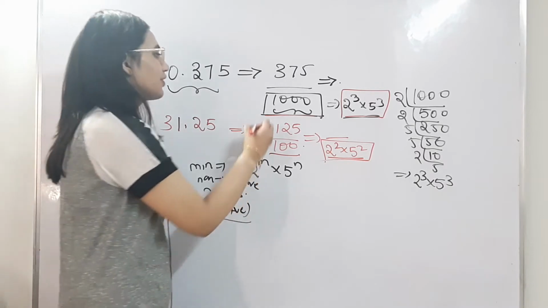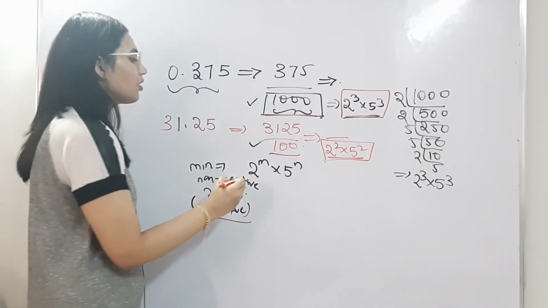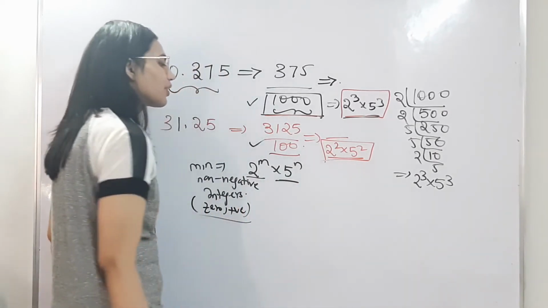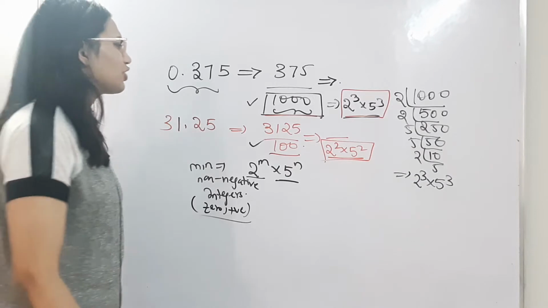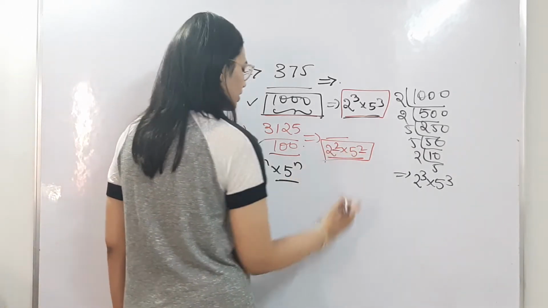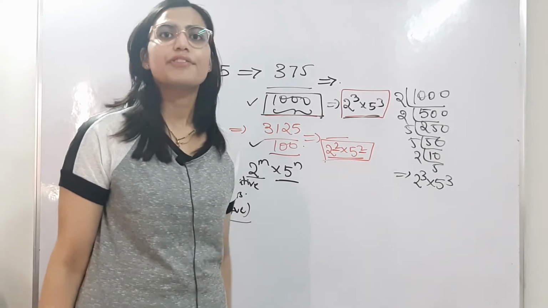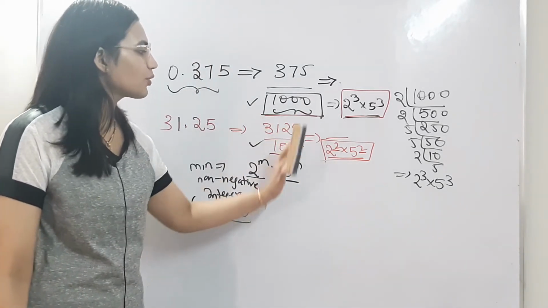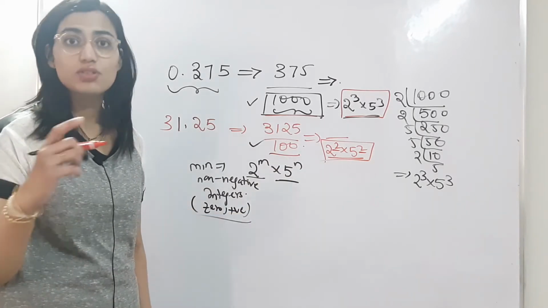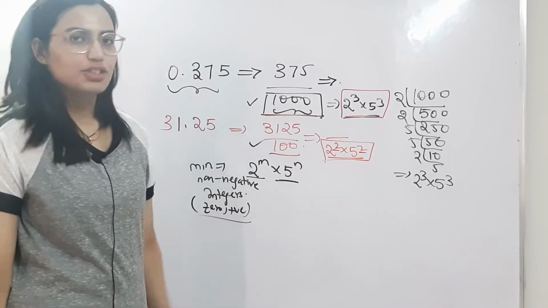Here you might be saying that these two powers are equal. Yes, there are cases where the powers of 2 and 5 can be equal, can be greater, can be less. But this is how you represent the denominators. We'll see those cases a bit later. But this is the pattern that you see.